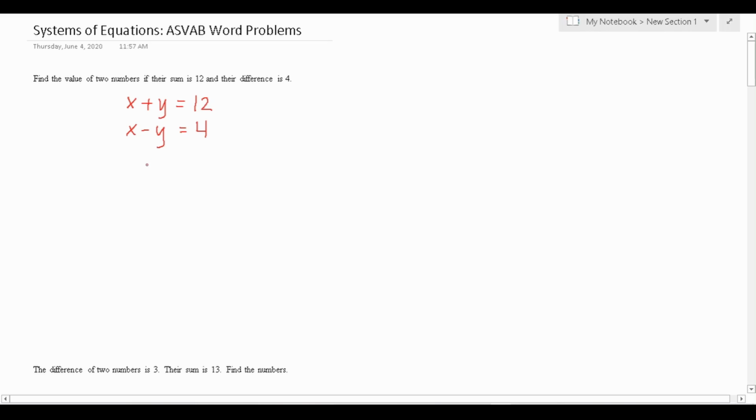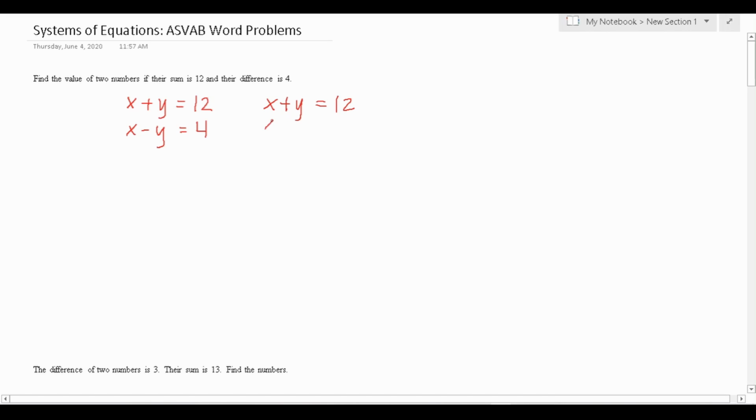I'm going to use the elimination method. More specifically, I'm going to add this second equation to this first equation to get rid of, or eliminate, the variable y. So let's see what that looks like. Again, I'm just going to write those equations over here so I can have some space. I'm just copying this first equation since I'm not changing anything there.